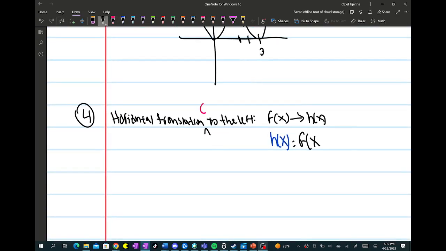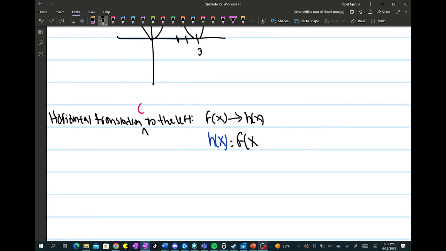C units to the left. So this time, we're going to add c inside the parentheses. So this is a rule that we just have to remember. For me to learn this, I had to understand that negative inside parentheses means to the right, and positive outside means up, right? And negative outside means down, etc.